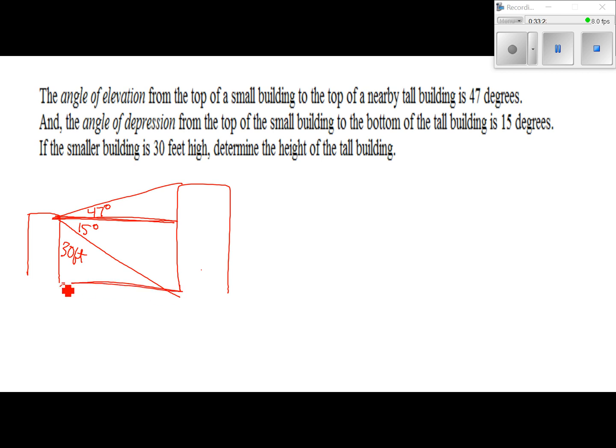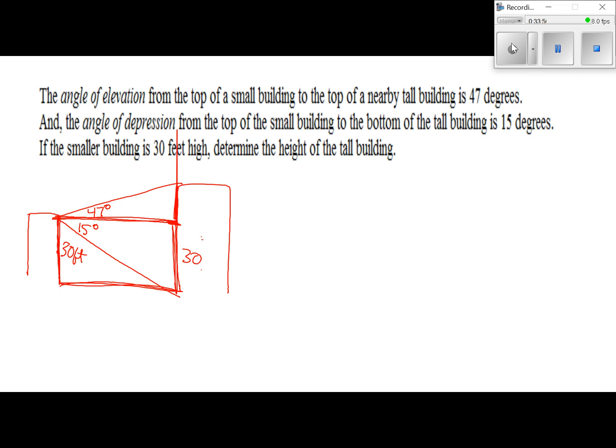So if I draw this in, now what we have, if this is 30 feet, then this over here has to be 30 feet. That doesn't mean the second building is 30 feet tall, but up to here on it, where we're looking straight across at it, is 30 feet. So what we need to find is this part right here.